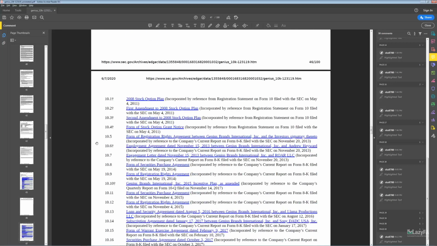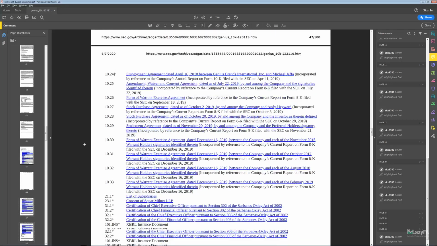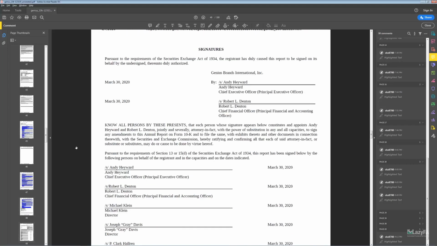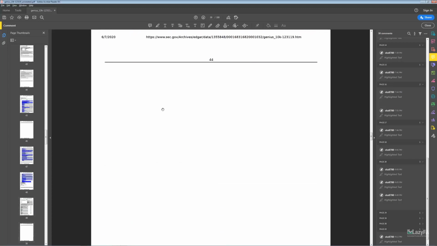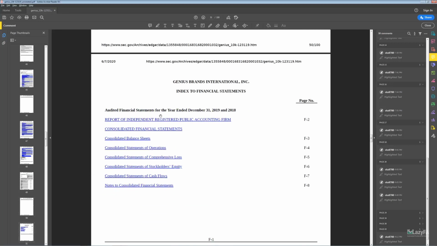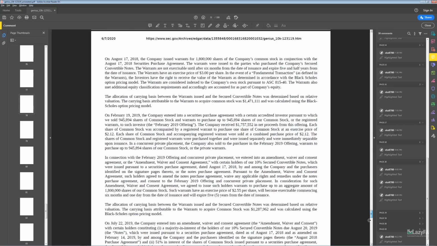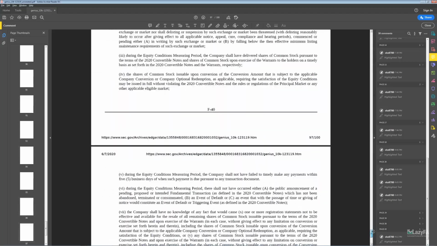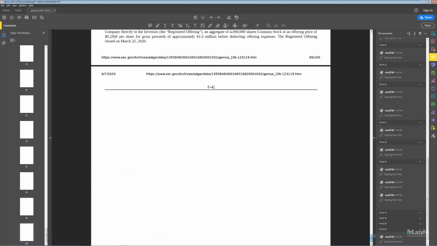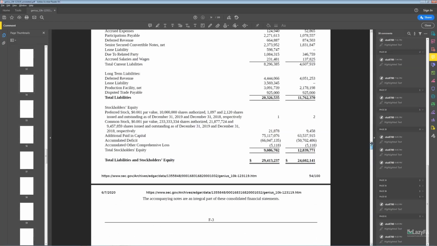But then once you get through the exhibit index and the signature page, then you have another, so there's like F1 stands for financial 1, so financials page 1. Then there's another like 40 or 50 pages of just information about the financial statements.